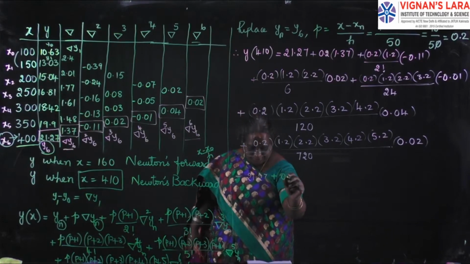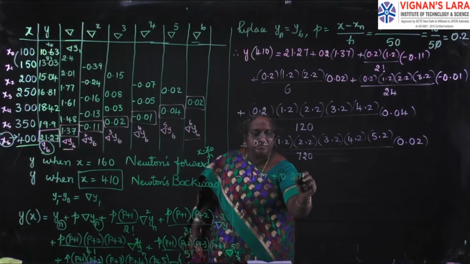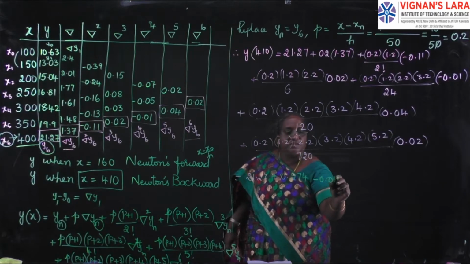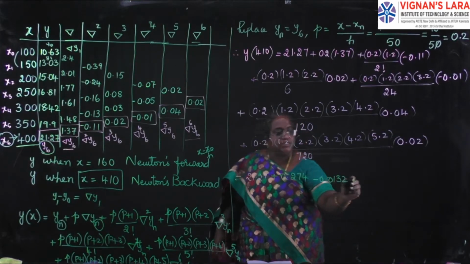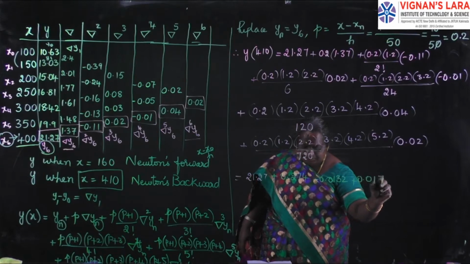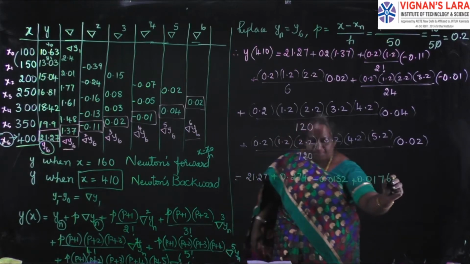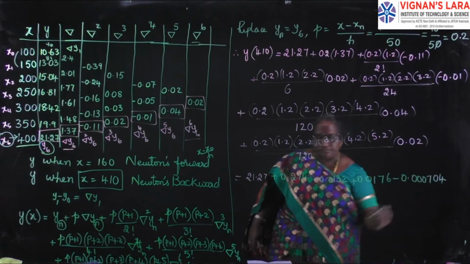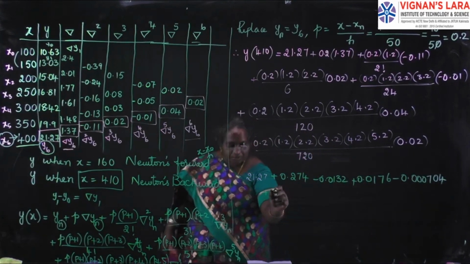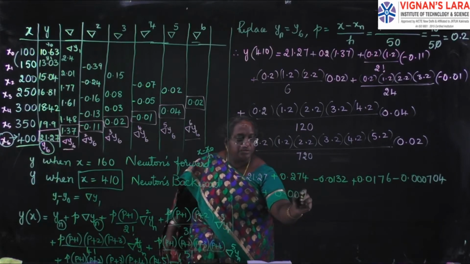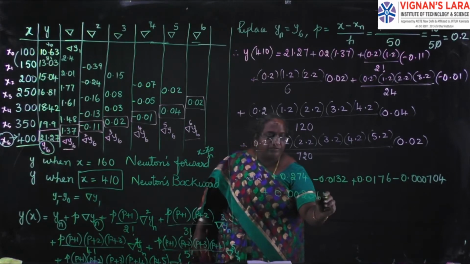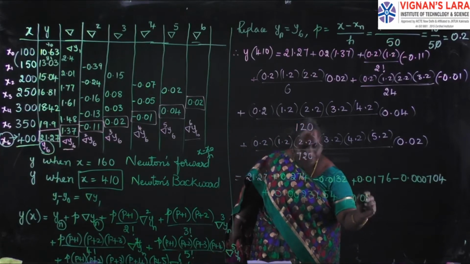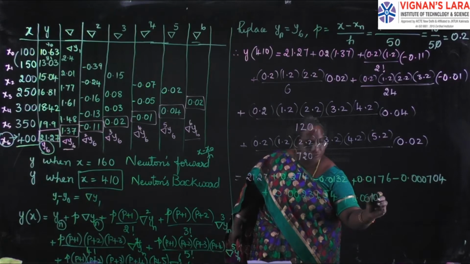plus 0.274 minus 0.0132 plus 0.0176 minus 0.000704 plus 0.002364 plus 0.001025.